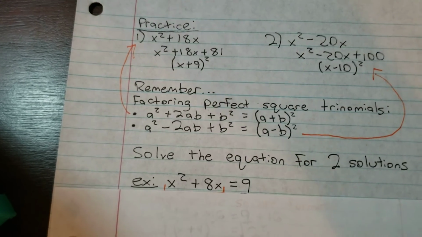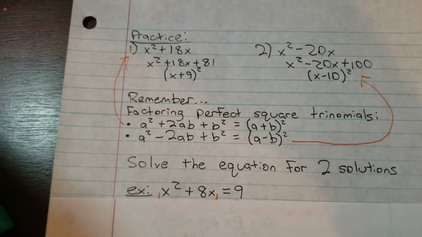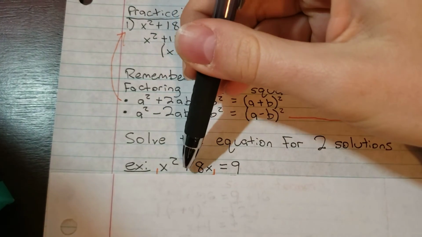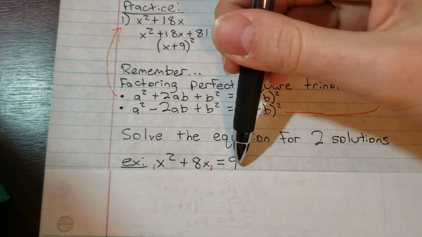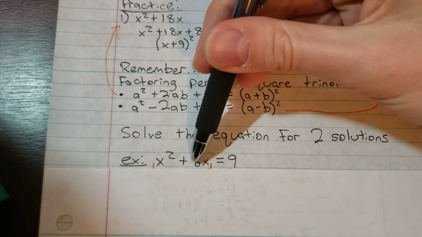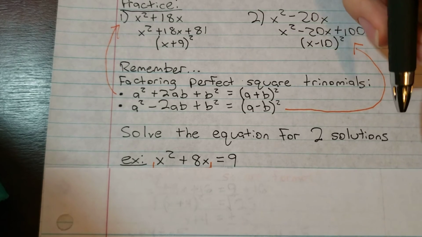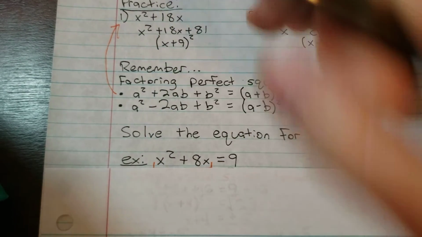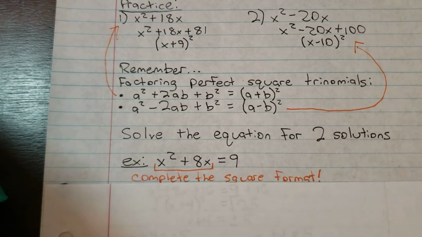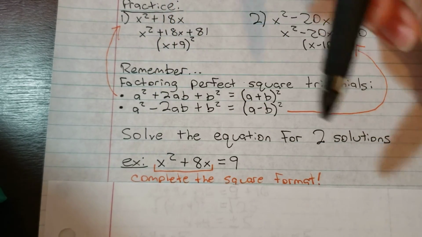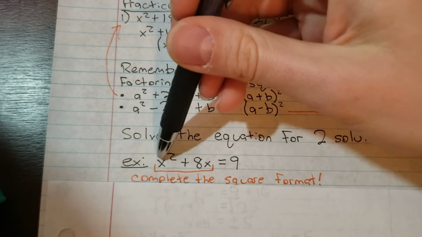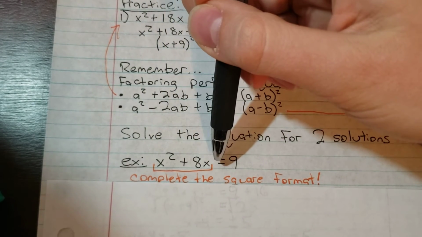So we've got this example here. X squared plus 8x equals 9. Now, if I subtract 9, that's not going to be my completed square. But this side of the equation is already in the complete square format. It's my x squared plus an x term.